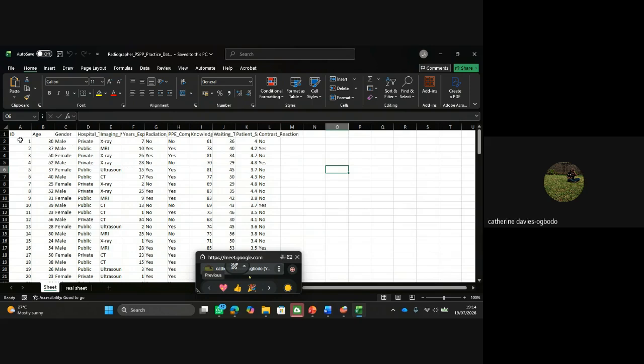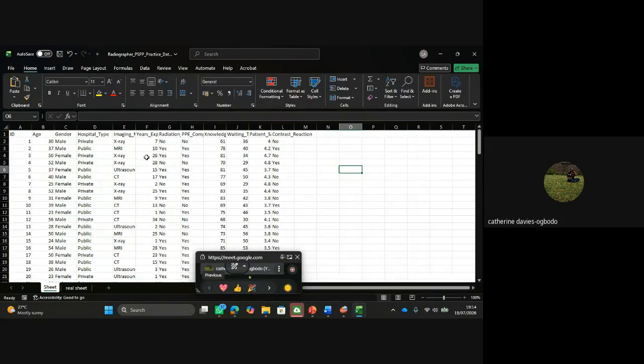It has the ID numbers, it's data from radiography data taken. It's not real life data anyways. I just generated it because it was difficult to find real life data, but I think it would do.